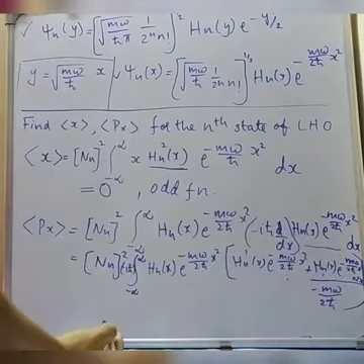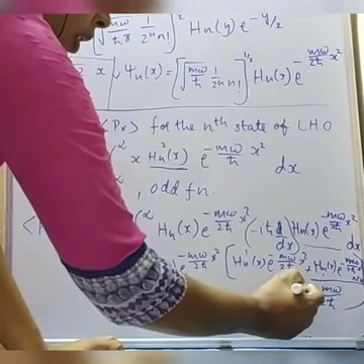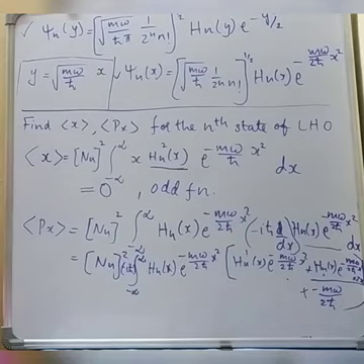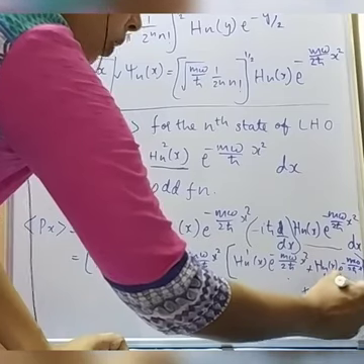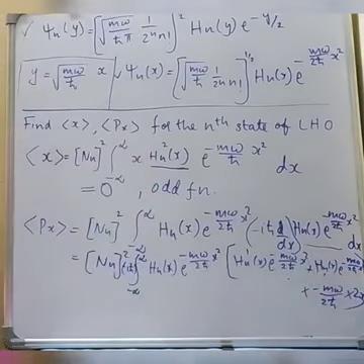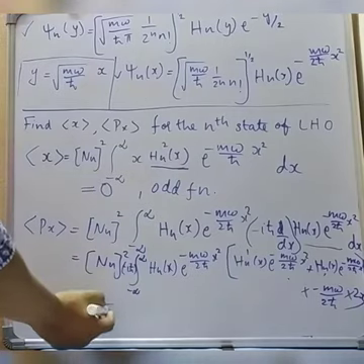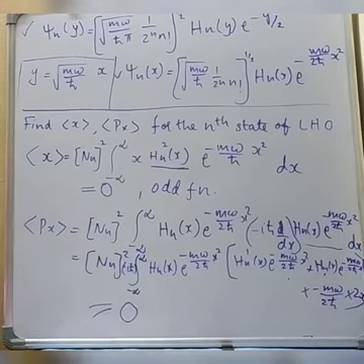Differential of the exponential term gives this into minus m omega by 2 h cut into x square, that is 2x. Even though we have differentiated it, we again have the same odd function property. That means the integral of both the terms will be 0. This is also not going to exist.